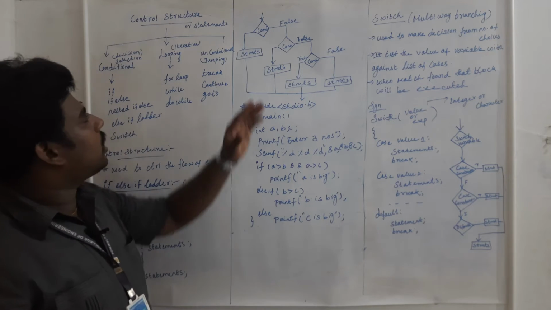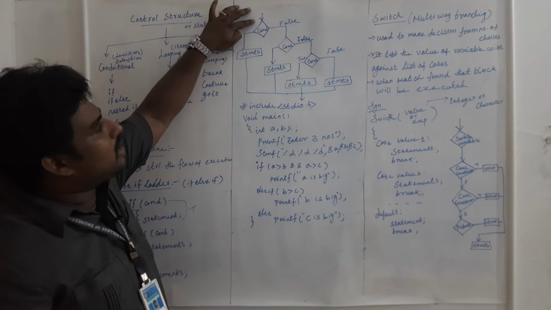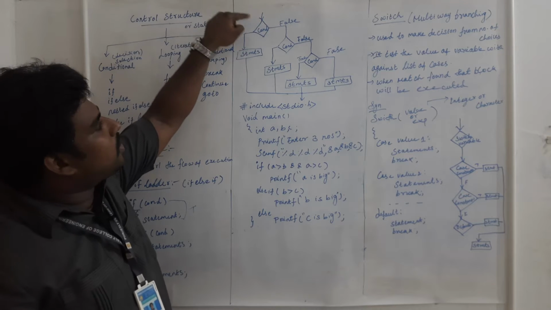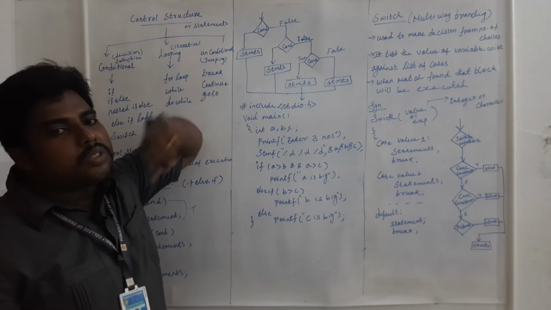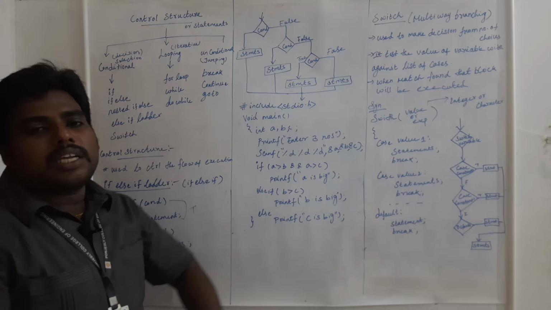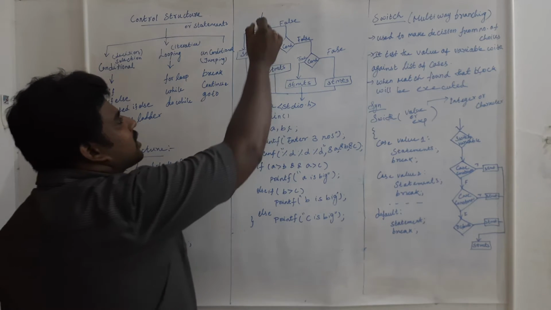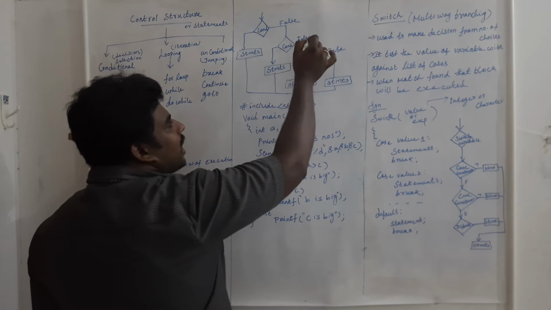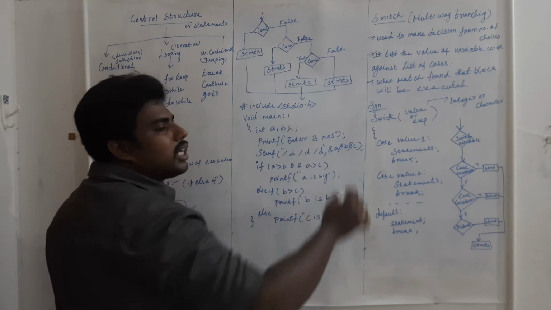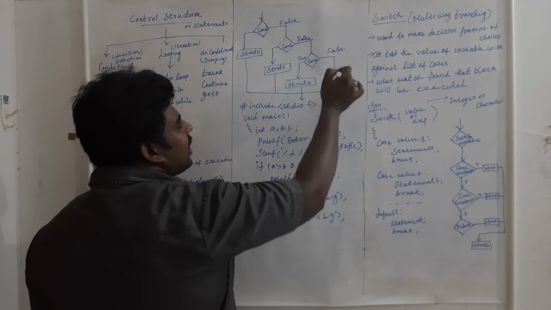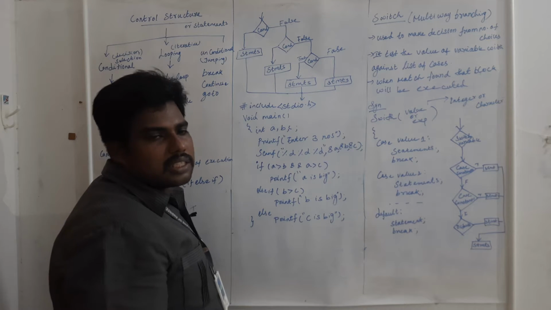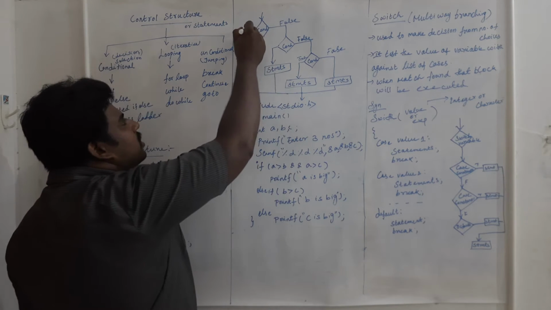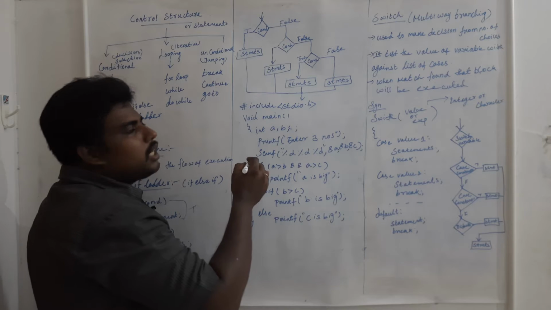See this flow chart. First the condition. For nested if, the first condition must be true to check the second condition. This is totally opposite. If the first condition is false, it will check the second condition. Again, if the second condition is false, it will check the third condition, and if that is false, it will check the next condition. Suppose the first condition is true, the statements will be executed.